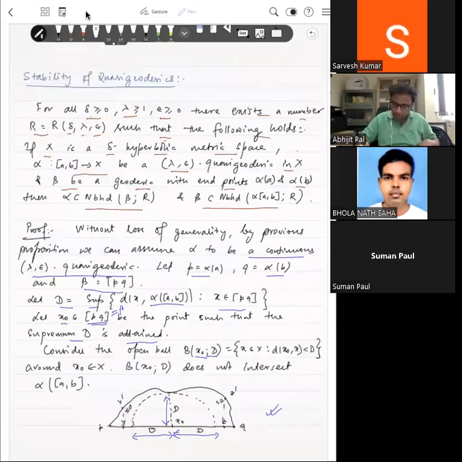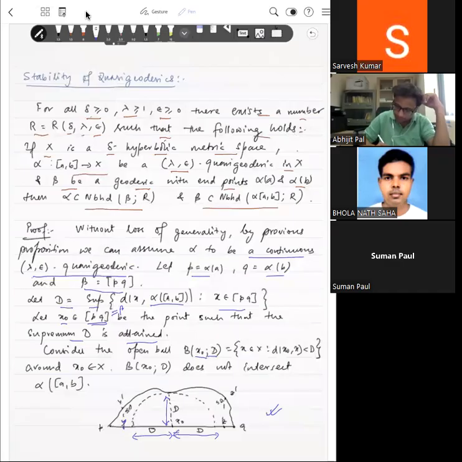Now what we are going to do: suppose I take some point Y on this geodesic PQ lying outside this ball.